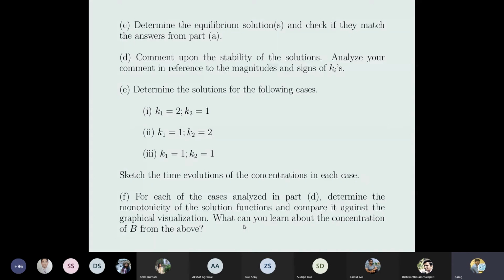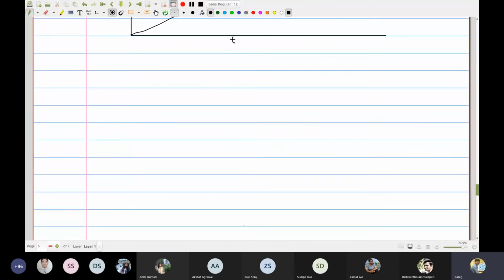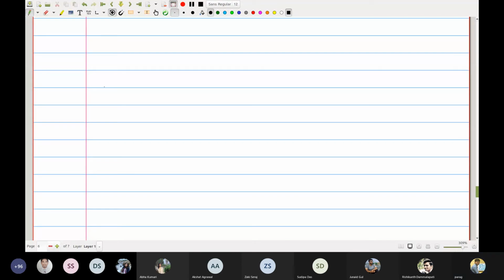Fine. Determine the equilibrium solutions. Fine. So now the question is how to determine the equilibrium solutions. Equilibrium solutions lie in the null space of A, which means they satisfy Ax equal to 0, right?